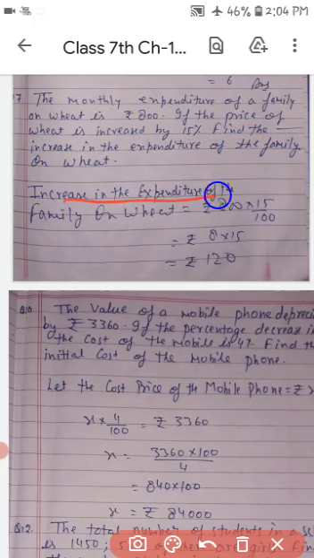Increase in the expenditure of a family on wheat is equal to rupees 800 into 15 upon 100. Here zeros cancel. 8 fifteens are rupees 120. Rupees 120 is the increase in the expenditure of the family on wheat.